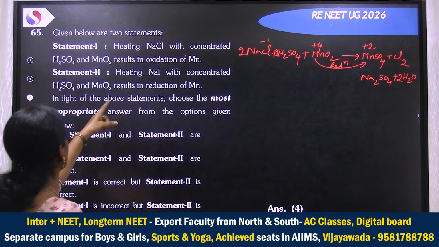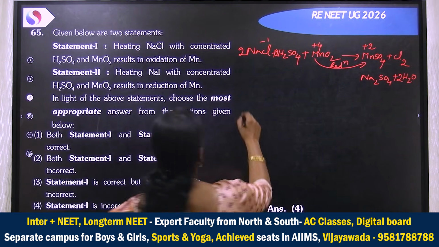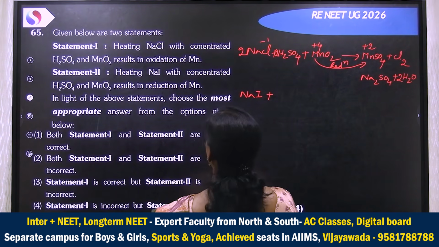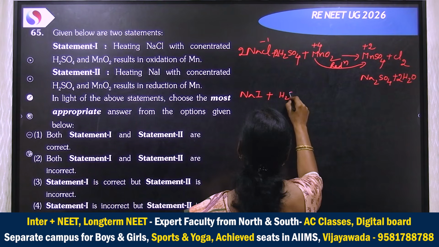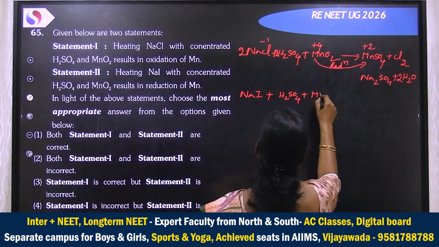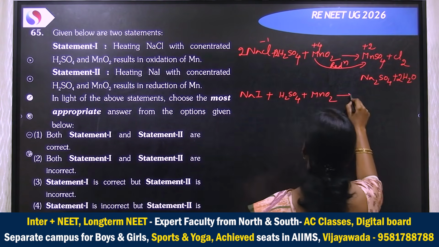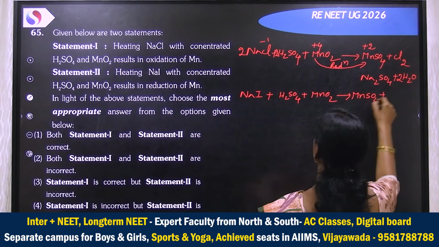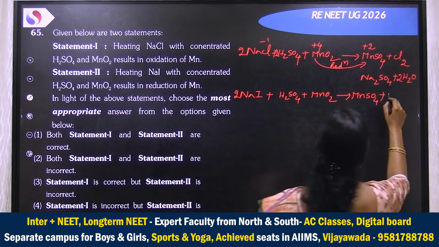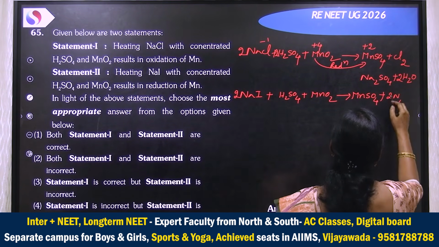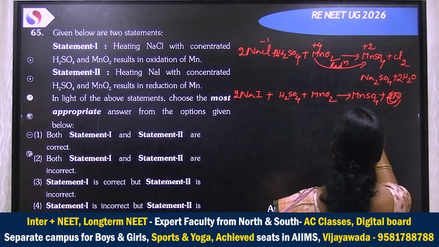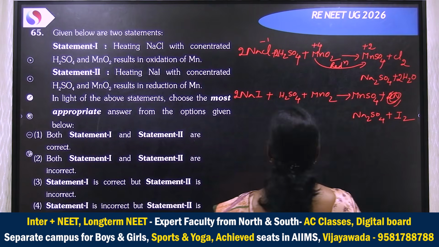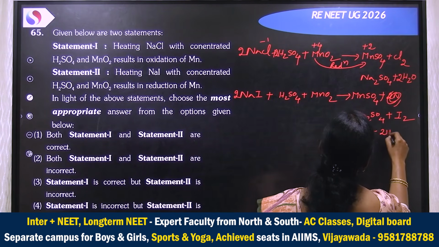Coming to the second one, heating sodium iodide, NaI, again with concentrated sulfuric acid and MnO2, it gives MnO2 converted into manganese sulfate, plus 1 mole of sodium sulfate, Na2SO4, plus I2, iodine is liberated, and 2 moles of H2O.